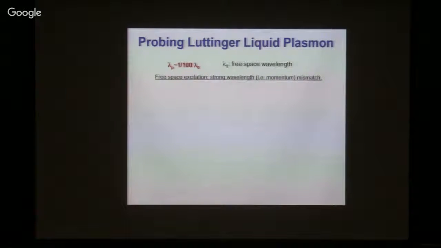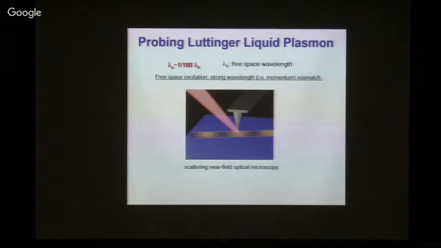It turns out that to excite the plasmon in a carbon nanotube, we cannot just do a far field measurement, because it was predicted that the plasmon wavelength is much, much smaller than the free space wavelength. So there is a very large momentum mismatch. In order to excite these plasmons, we turn to near field optical study, where we shine light on an AFM tip.